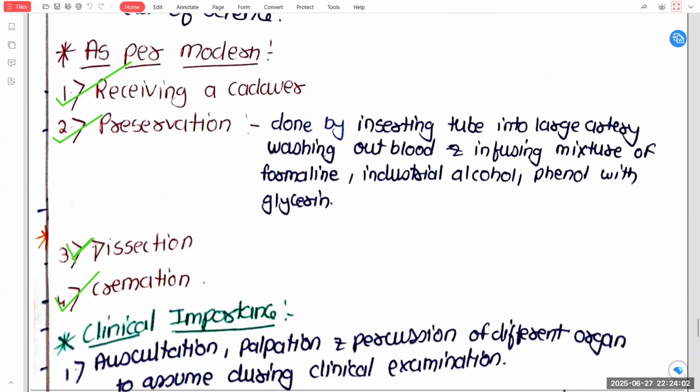As per the ethics, we need to cremate the cadaver after dissection. In the preservation, it is done by inserting a tube into a large artery of the body, washing out the blood and infusing the mixture of formalin, industrial alcohol, phenol with glycerin. We will see this in detail further. Okay, so these are the 4 steps as per the modern.